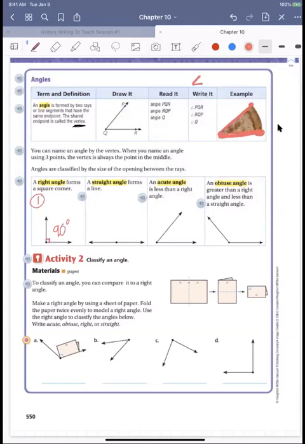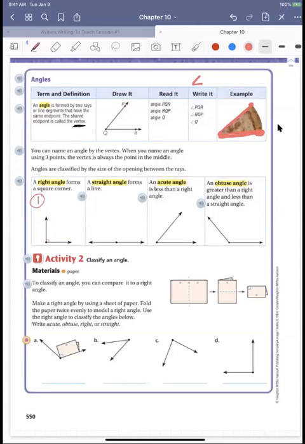So it's saying they're coming together just right to give us that 90-degree angle. The way I think of a right angle is if you think of a clock, if it was 3:15, that would be a right angle because you have the 3 and the 12 being touched. Okay? So a right angle forms a square corner. So it's exactly a square.